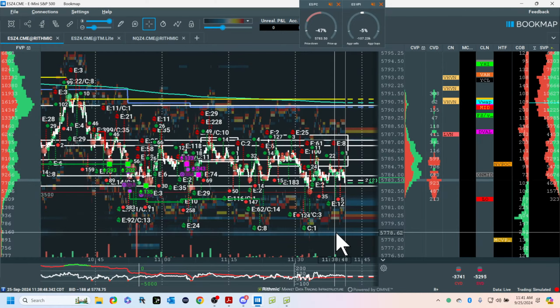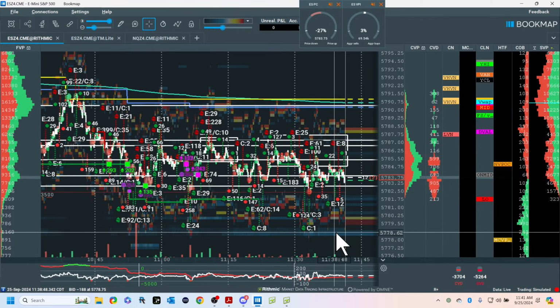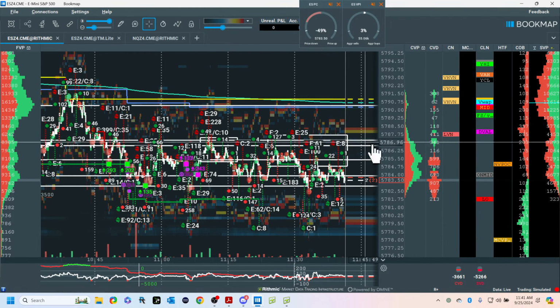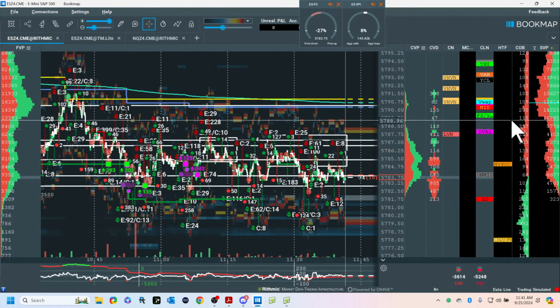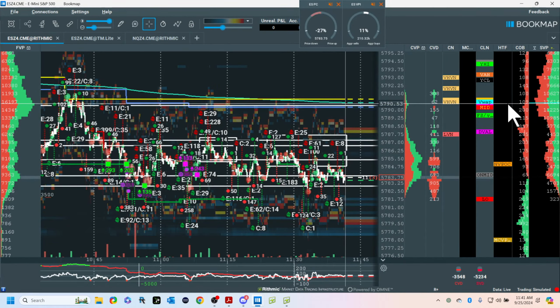We are not holding above the naked volume point of control. It's a piece. But what we did is we tested it and we reverted up. That was the long that I took.